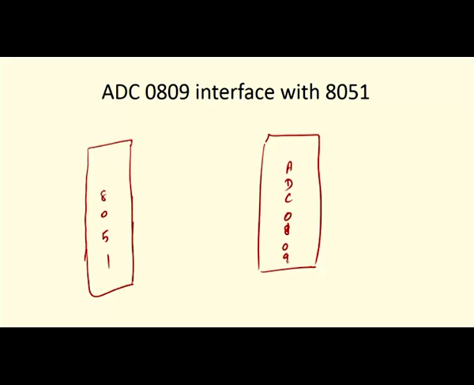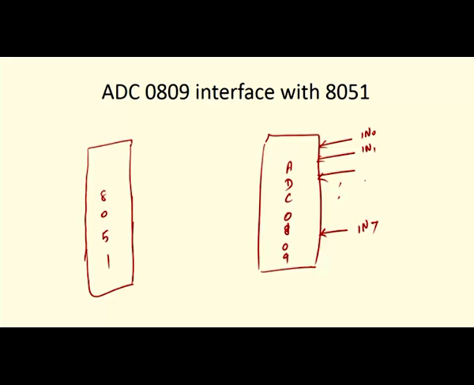Now, we will start to interface both ICs. So, I will take this IC, which is the 8051. Okay. So, here I have the ADC IC 0809. Okay. So, here I will get the input signals, input channel 0, input channel 1, up to input channel 7.